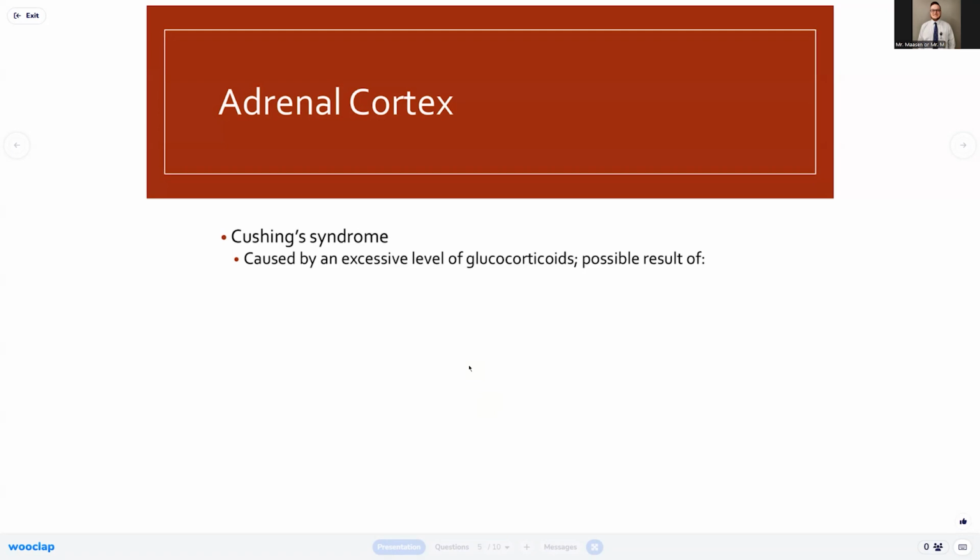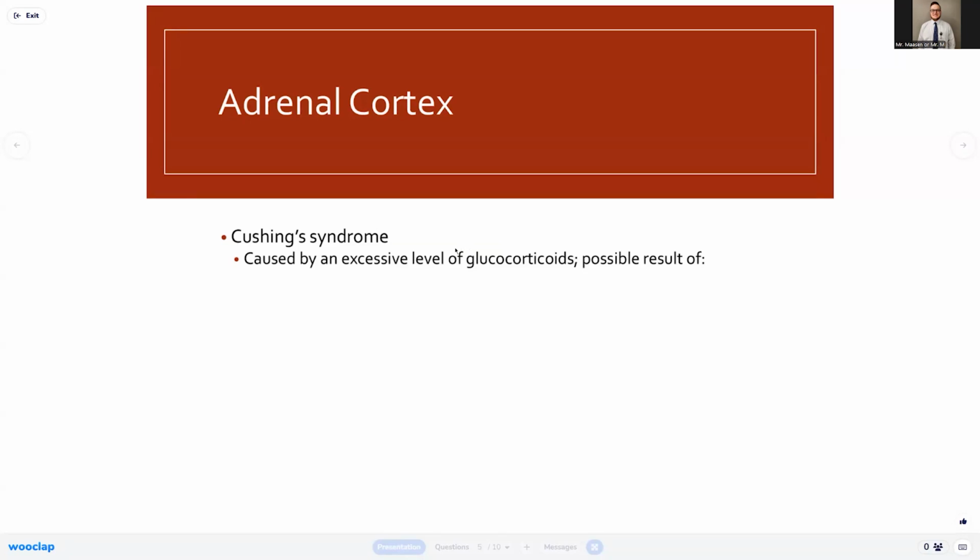Some of the sex hormones, sex steroids that we have as well get released by the adrenal cortex. So Cushing's and Addison's are kind of the opposites, and Cushing's is mostly associated with excess levels of the glucocorticoid known as cortisol. Cortisol also helps us deal with our stress response, and it's produced by the adrenal cortex.